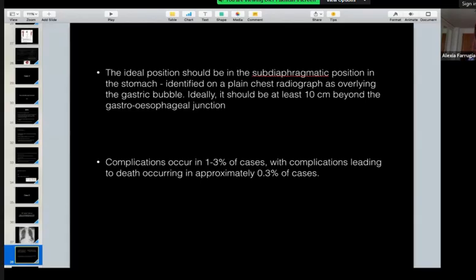In this case, it's a bit more challenging because of previous surgery, but it should be at least 10 centimeters beyond the gastroesophageal junction. Complications with NG tube insertions occur in about 1 to 3% of cases, and they are very important to identify. These are cases where you grab the phone and call the team to remove the NG tube, advise them it's not safe to use and it needs to be reinserted.